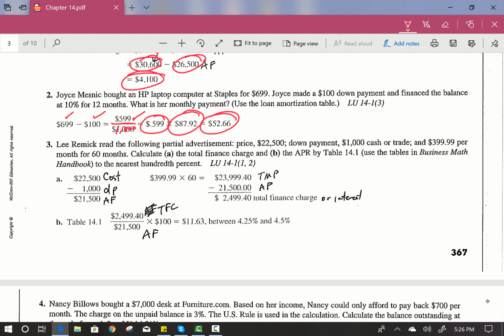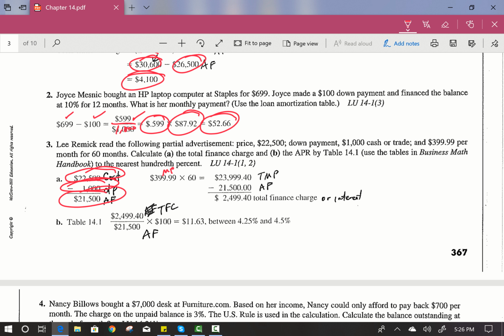So the cost is $22,500, minus the down payment of $1,000 gives us the amount financed of $21,500. Okay, then my monthly payment is $399.99 for 60 months.